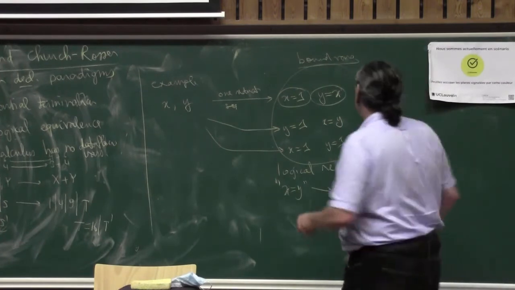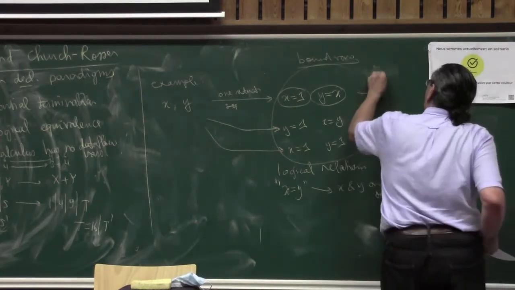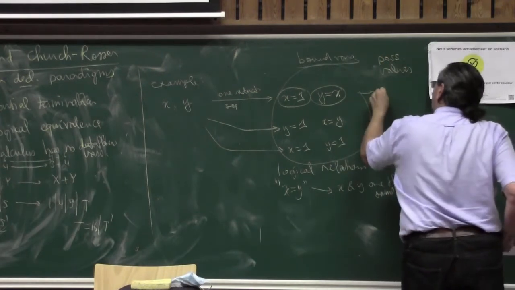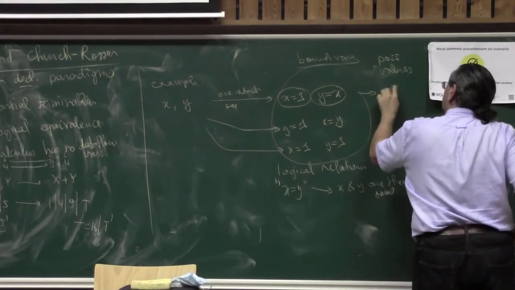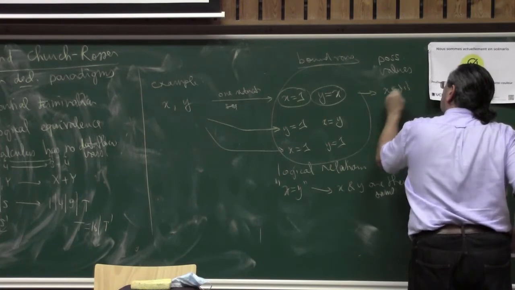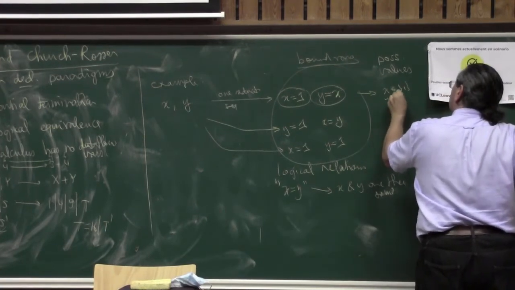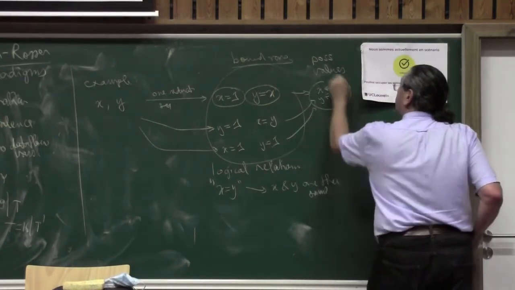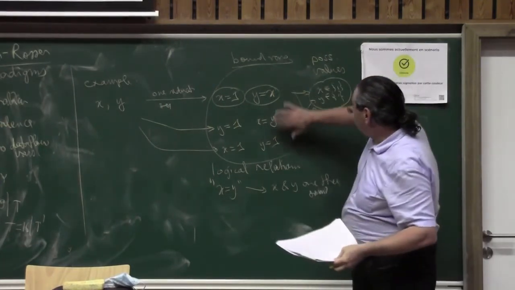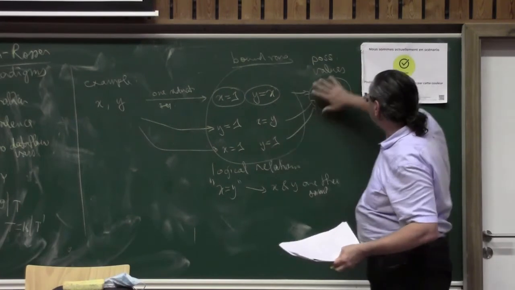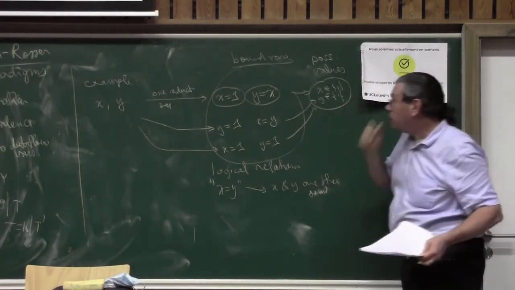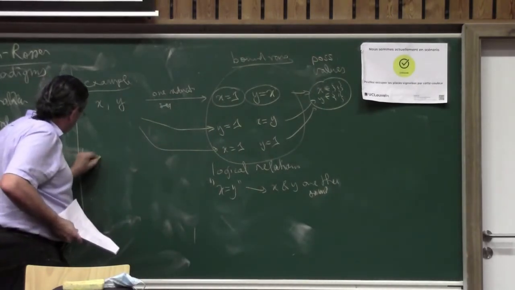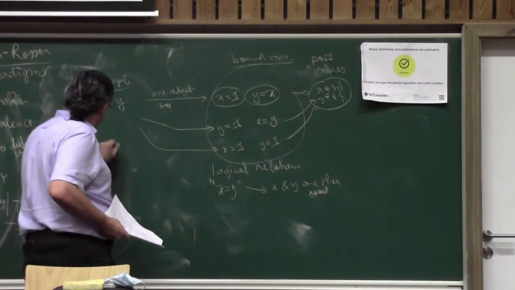So the possible values for x has to be 1, and y has to be 1. So they're all going to be the same values. Even if the variables are bound in different ways, they give the same values. So this is actually a logical condition in terms of first order logic.